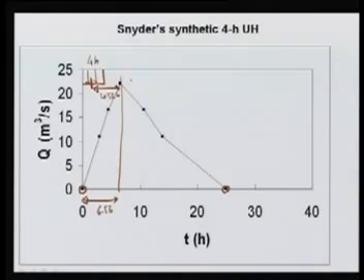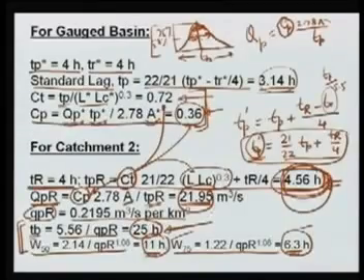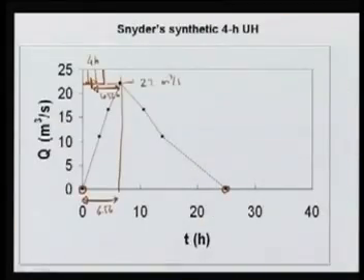Now the peak is also known to us. Let's say that this is 22 roughly, because the value which came out from the calculation is 21.95. So we can say that the peak is 22, at 11, which is 50% of the peak, and then 16.5, which is 75% of the peak.